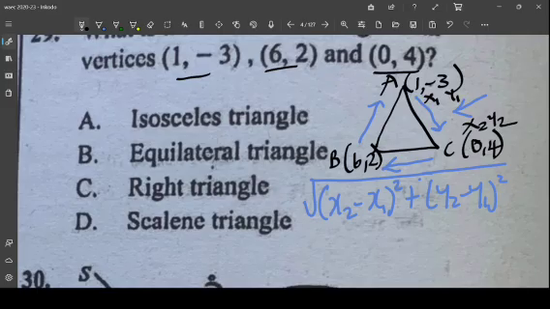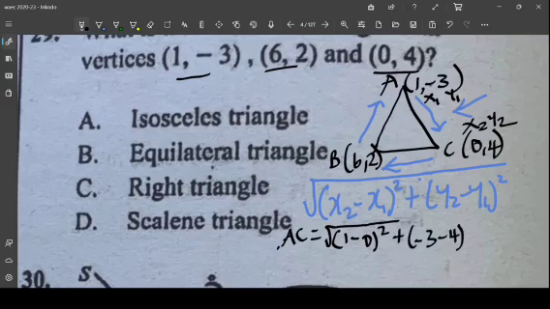So for AC, what I'm going to have is equals to square root of 1 minus 0 all squared, that is x2 minus x1 squared, plus -3 minus 4 all squared.